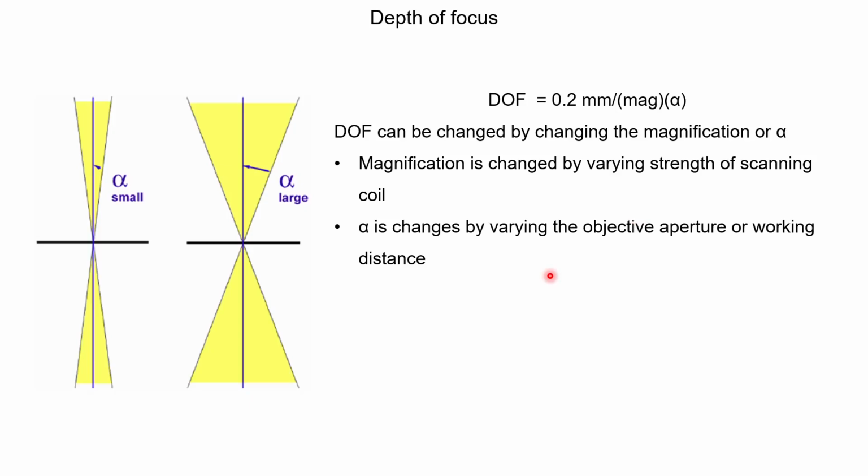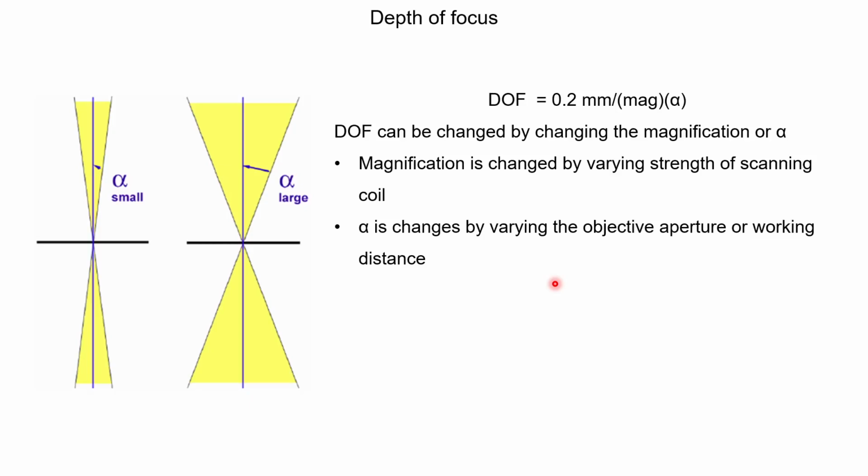There is only one way through which you can change the magnification in the SEM, just by changing the area which you are scanning. By changing the lens strength, either condenser or objective, you can't change the magnification in SEM. Only by changing the scanning area.